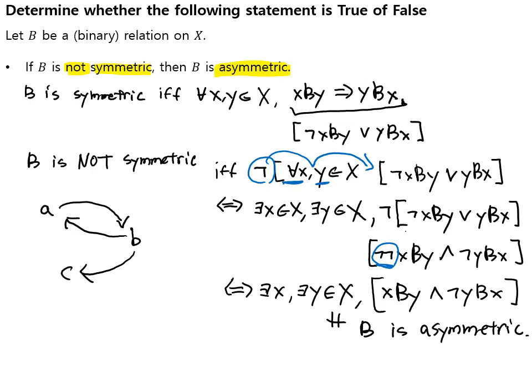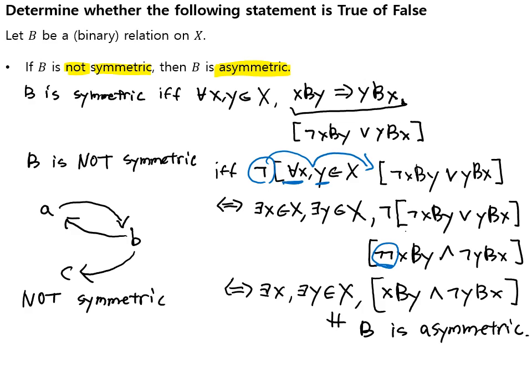We can see that the relation is not symmetric. The reason is that although B is related to C, C is not related to B. So here, the relation is not symmetric.